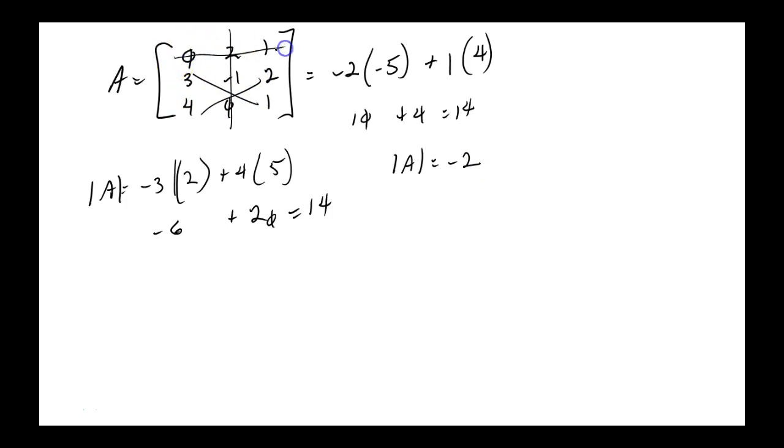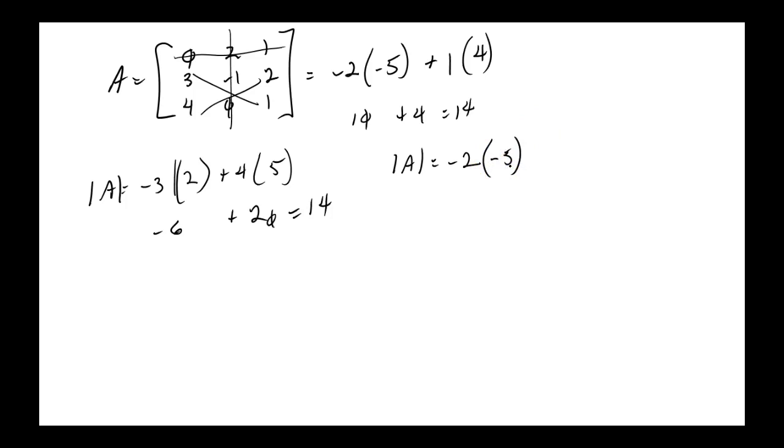Since we're using 2, we'll wipe out the first row there. And that is, help me, 3. No, you multiply. 3 minus 8 is negative 5.